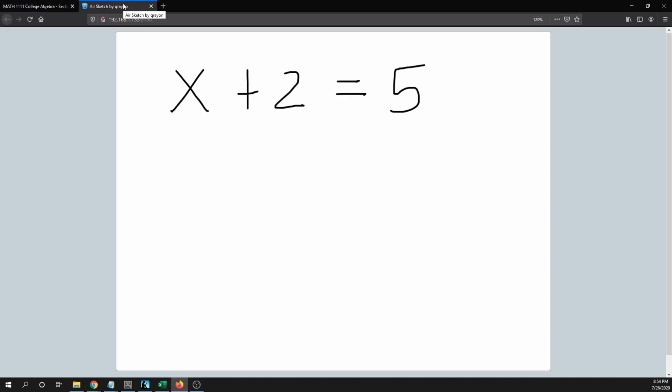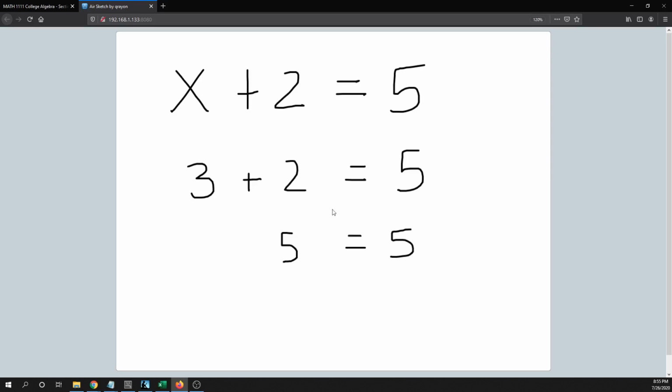So how do you know whether it's a solution or not? Well, when you put that 3 in for the variable, in every place where the variable occurs, this becomes what's called a statement. And a statement is something that's either true or false. So you can work this out. We all know that 3 plus 2 equals 5, right? And so we get 5 equals 5 here. All right, and that is a true statement.